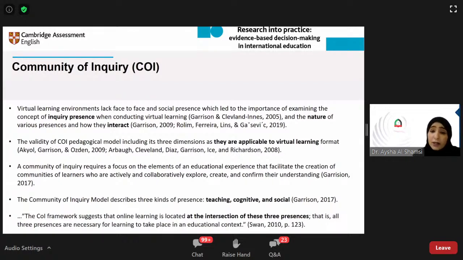The Community of Inquiry framework explains that learning is located at the intersection of these 3 presences. That is, all 3 presences, cognitive, social, and teaching, are necessary for learning to take place during online learning.